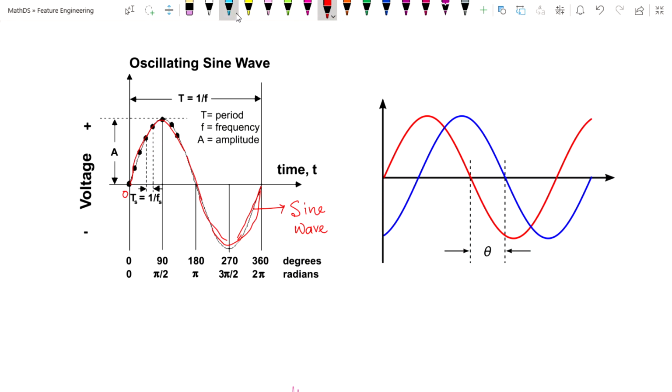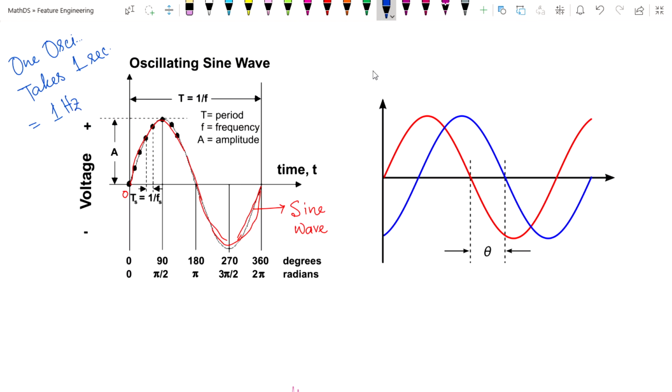Assume that it oscillates once per second, so one oscillation takes 1 second. That means its frequency is 1 hertz.